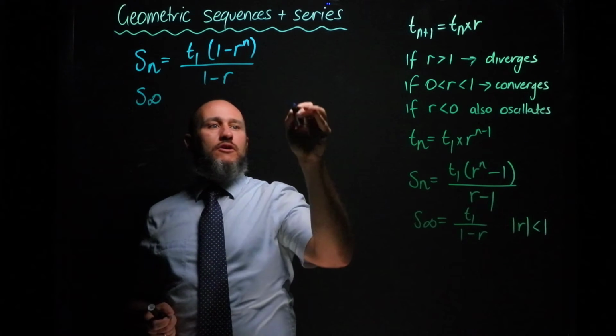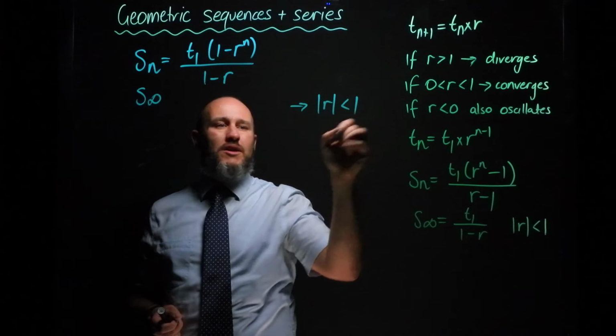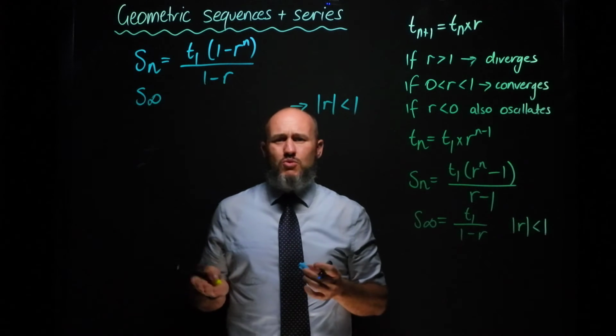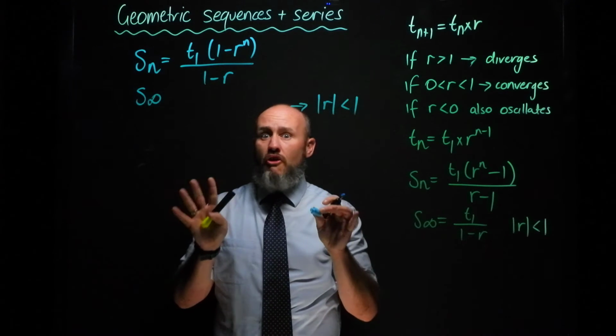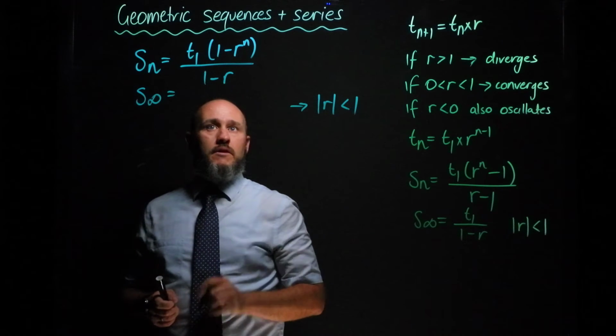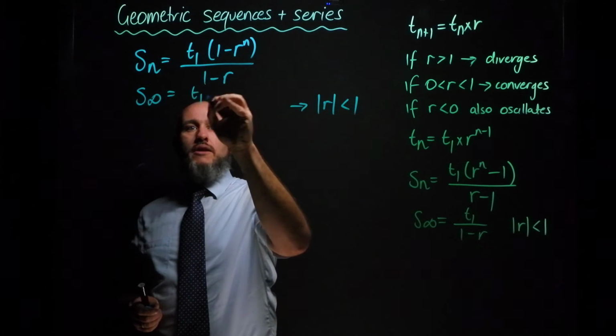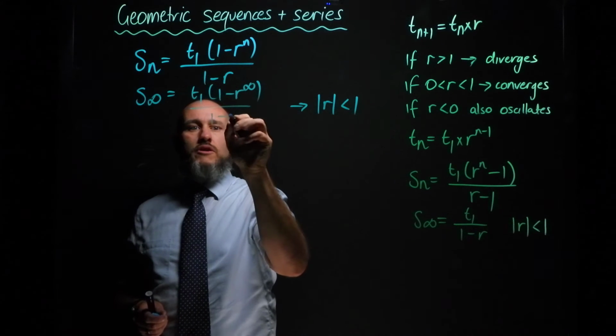And keep in mind that I'm dealing with only the absolute value of r being less than 1. So I'm saying r is between -1 and 1 and not equal to, because remember, if r is 1, boring, it's a boring sequence. Anyway, sum to infinity is equal to T1 times (1 minus r to infinity) over 1 minus r.